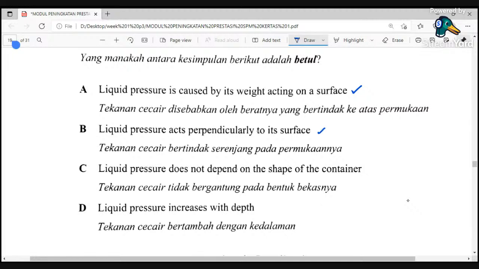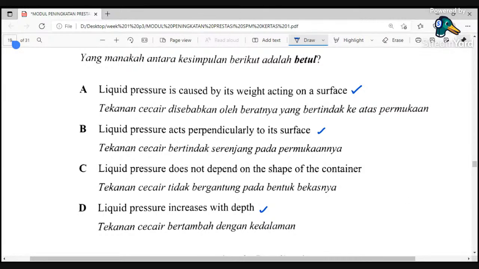Liquid pressure increases with depth, correct. But for the diagram here, it does not describe about change in depth. It does not describe about direction of pressure. It does not describe about weight of liquid ataupun height of liquid above the point. So just explain about why different shape.